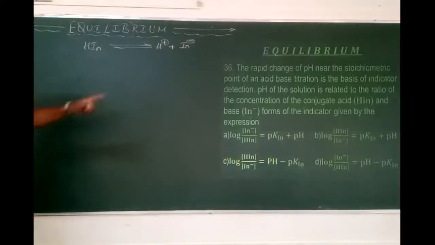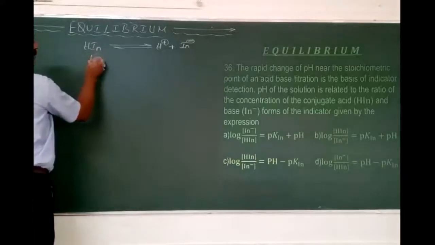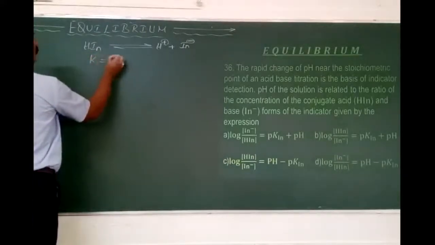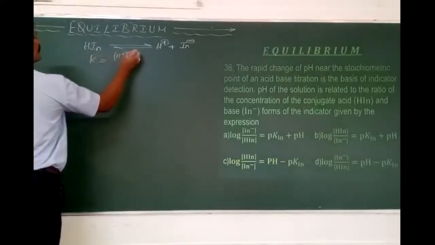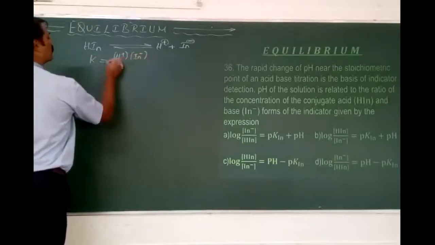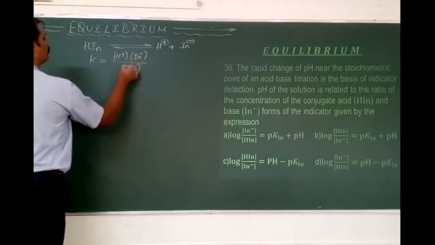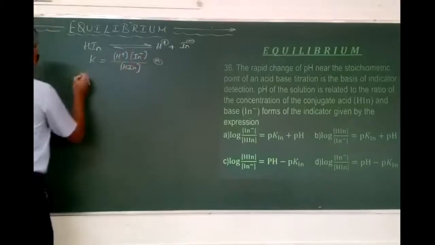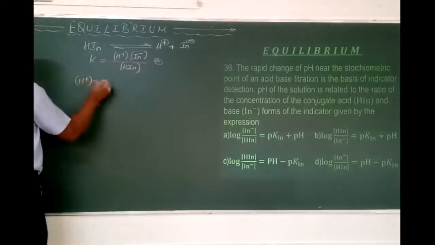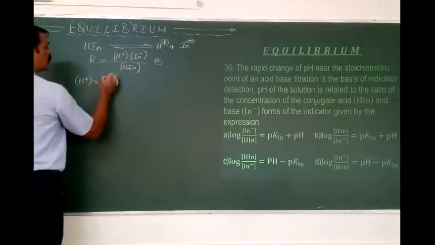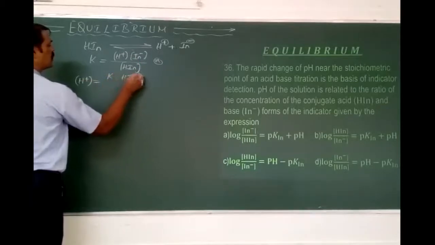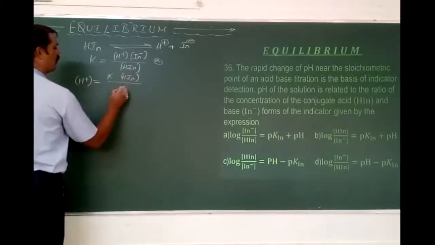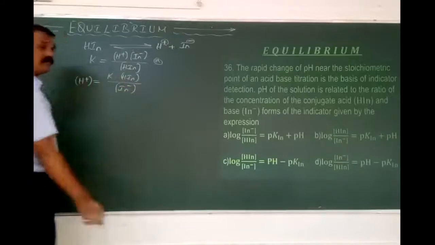Now, what is the value of which and which here? Taking the equilibrium constant K is equal to H plus concentration into In minus concentration divided by HIn. What is H plus concentration equal to here? It is equal to K into HIn divided by In minus.